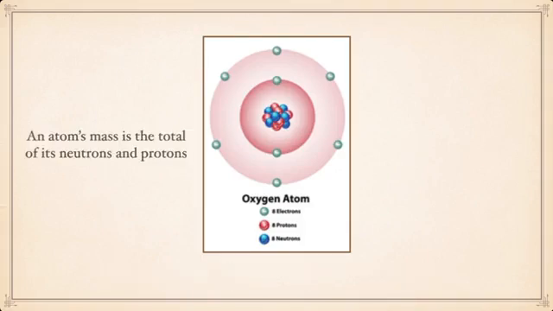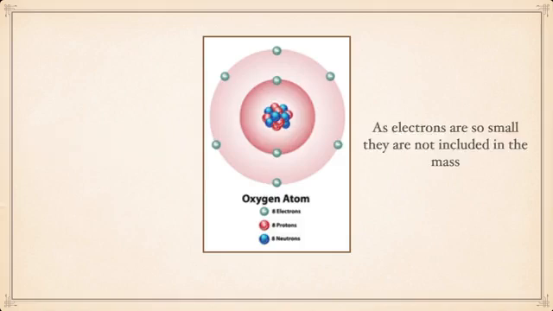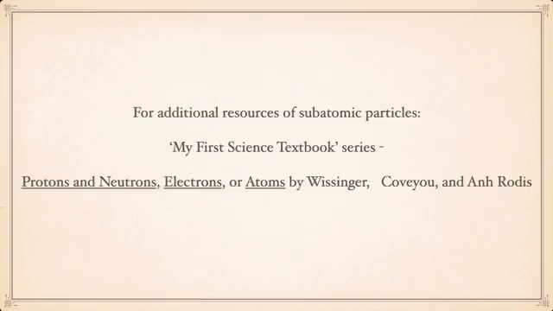An atom's mass is the total of its neutrons and protons, which again are in the center called the nucleus, as electrons, which again are on the outside, called the electron cloud. As electrons are so small, they are not included in the mass.